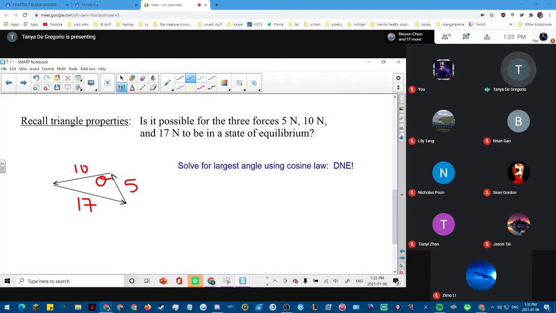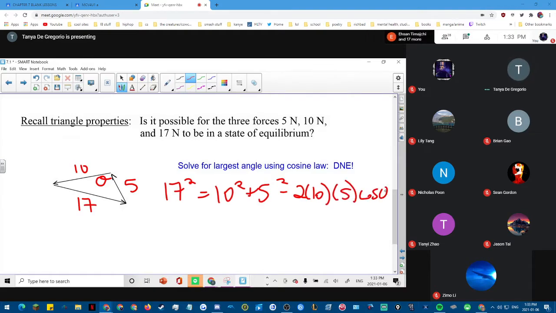So is it possible to create this triangle? What you can do is use the cosine law, because I have 3 sides, right? And you try to solve this. When you try to solve for theta, you're going to get math error. And so then the answer is no.